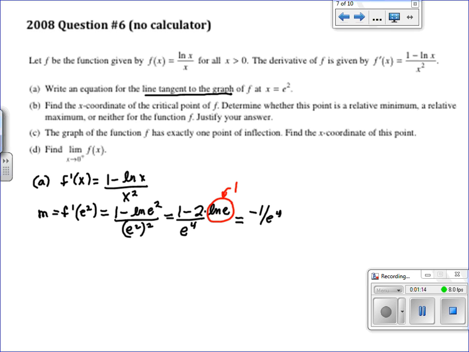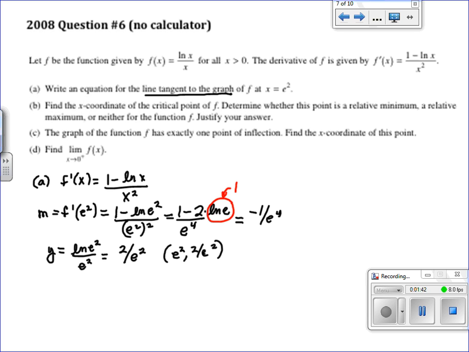That's my slope. Now this is at the point with x value of e squared, but we don't know what the y value is, so we need to find it. My y value at x equals e squared is natural log of e squared all over e squared. The 2 goes to the front, natural log of e cancels, so it's 2 over e squared. So my point is e squared, 2 over e squared.